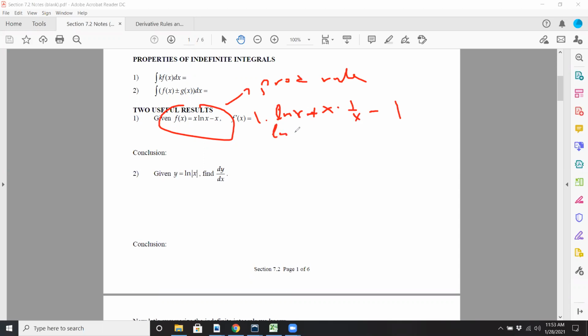So you get ln x plus 1 minus 1, those cancel. So you get ln x. So the conclusion is that the integral of natural log of x dx, put this in parentheses, equals 1 over x, and plus c, of course. Don't forget about the plus c.